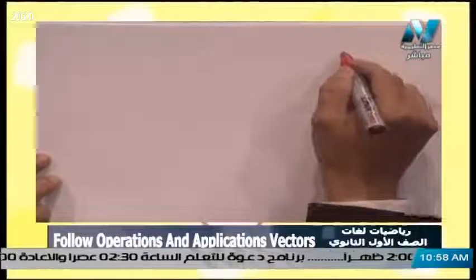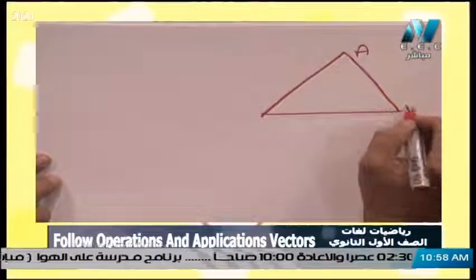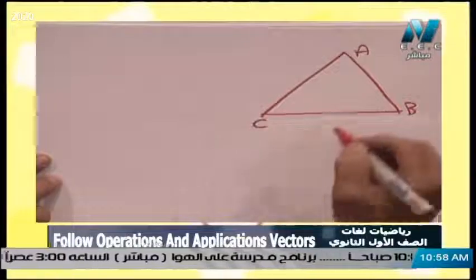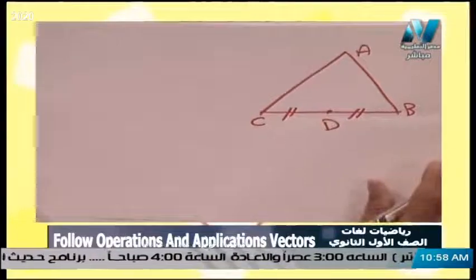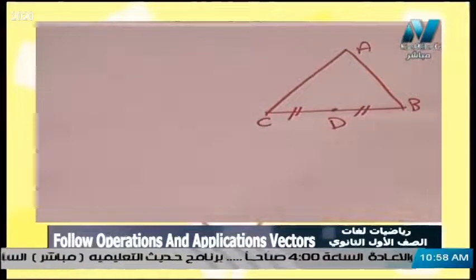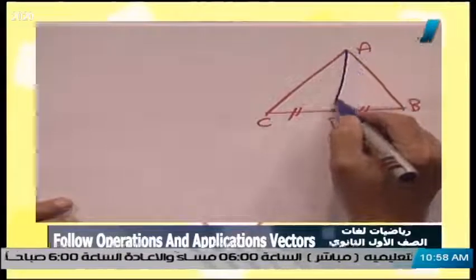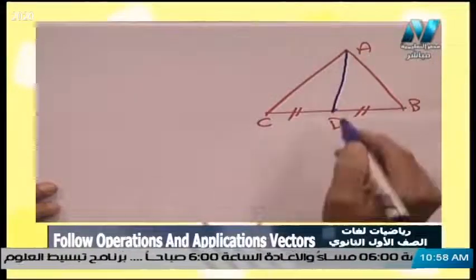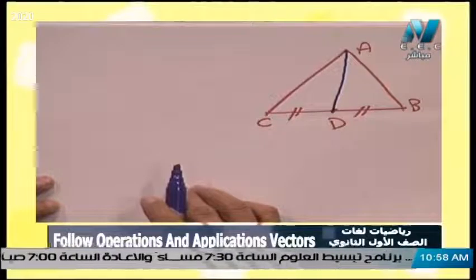If we have a triangle like that, this triangle called ABC, and we have D as a midpoint here, and we have AD as a median. D is a midpoint, so AD is a median, from the previous studying.